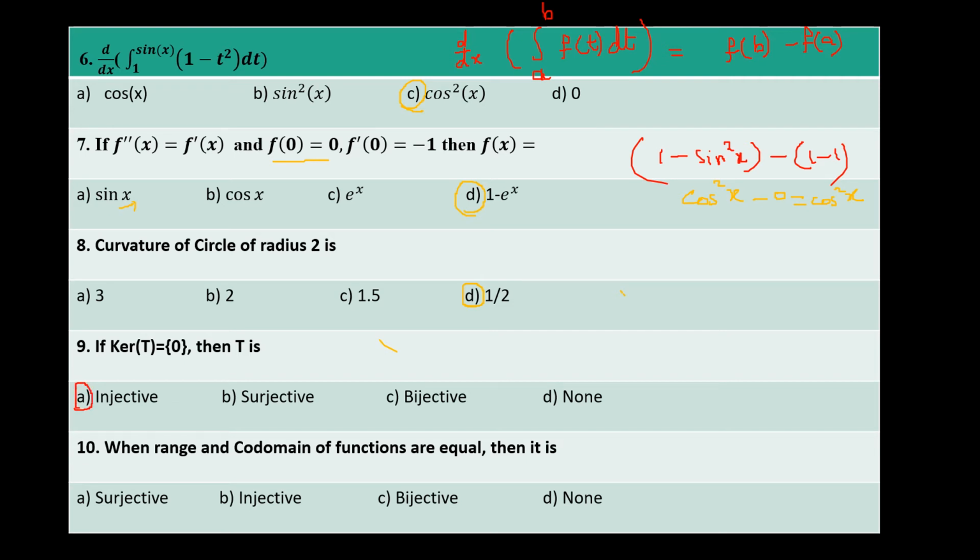And here it says that when the range and codomain of a function are equal, for such functions we know that this is an onto function as well, that is another name, surjective function, so the answer is A option. So now we go to the next question.